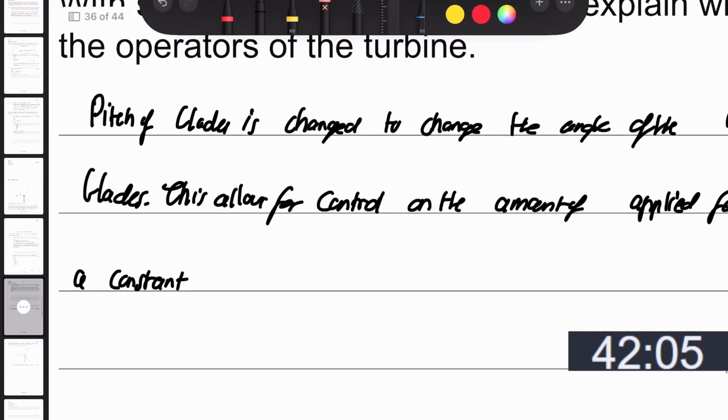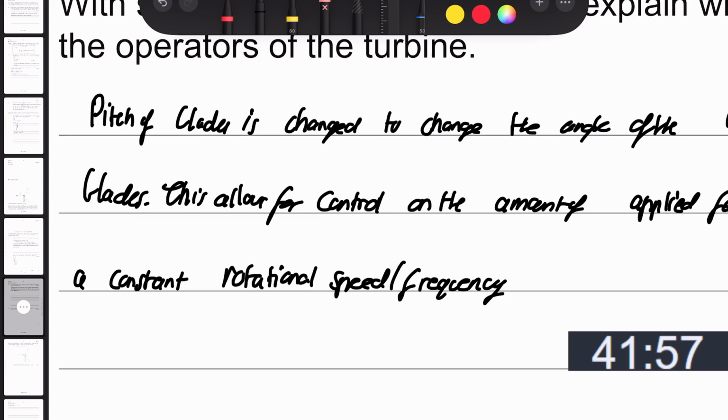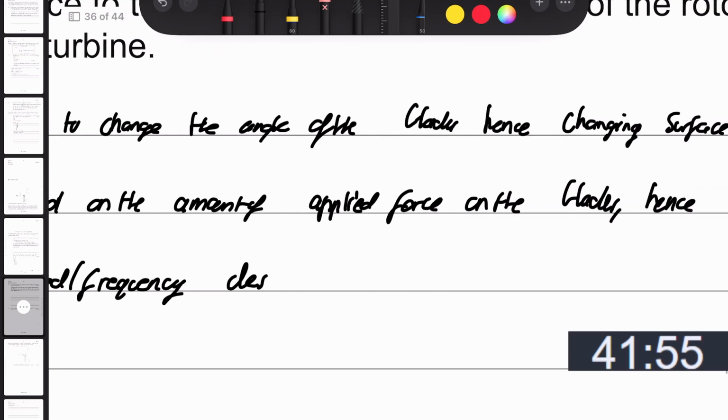To maintain a constant rotational speed / frequency despite changing wind speeds.